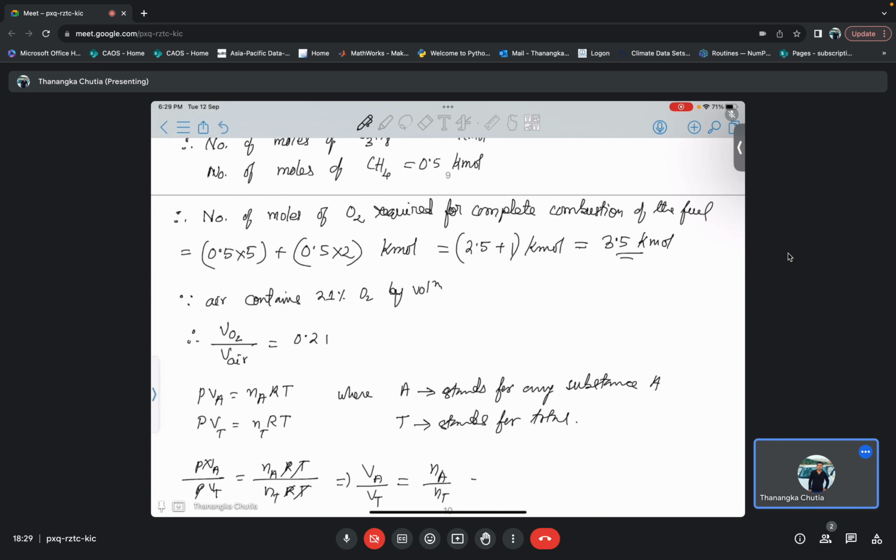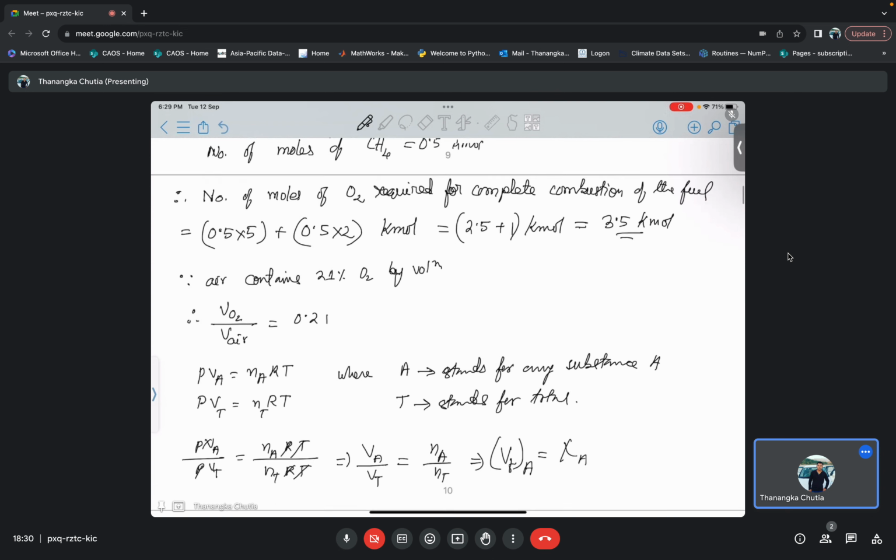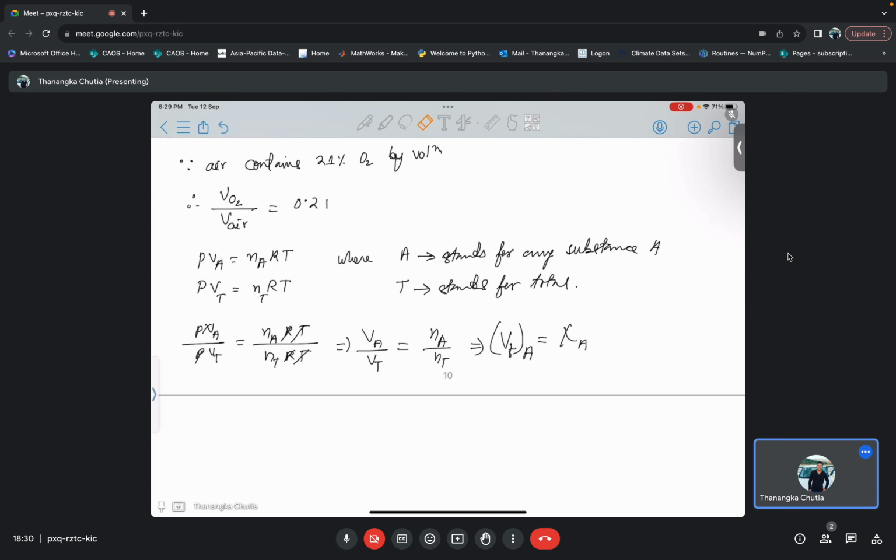That is the ratio of volume of a particular component divided by total volume, which is nothing but the volume fraction of A, and it is equal to the mole fraction of A. So volume fraction of A is equal to mole fraction of A. Therefore we can also write NO2 divided by N of air, that is number of moles of oxygen divided by number of moles of air, is equal to 0.21.